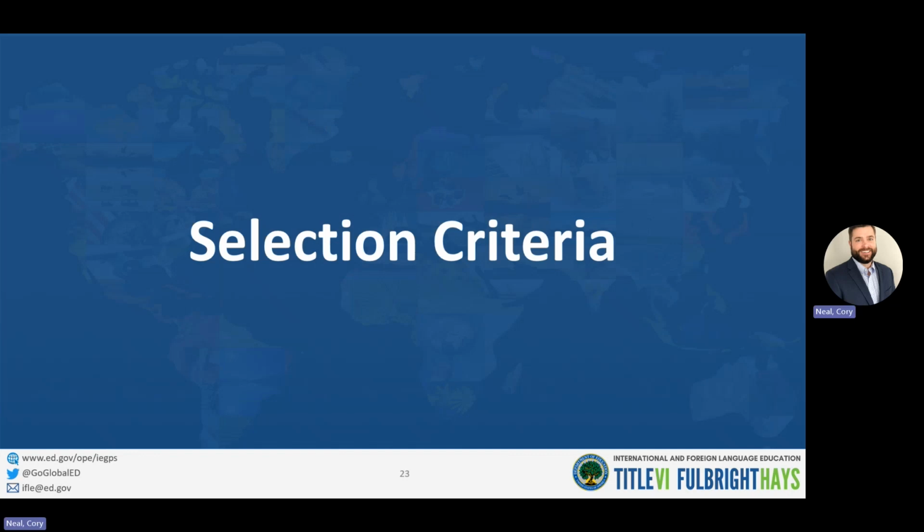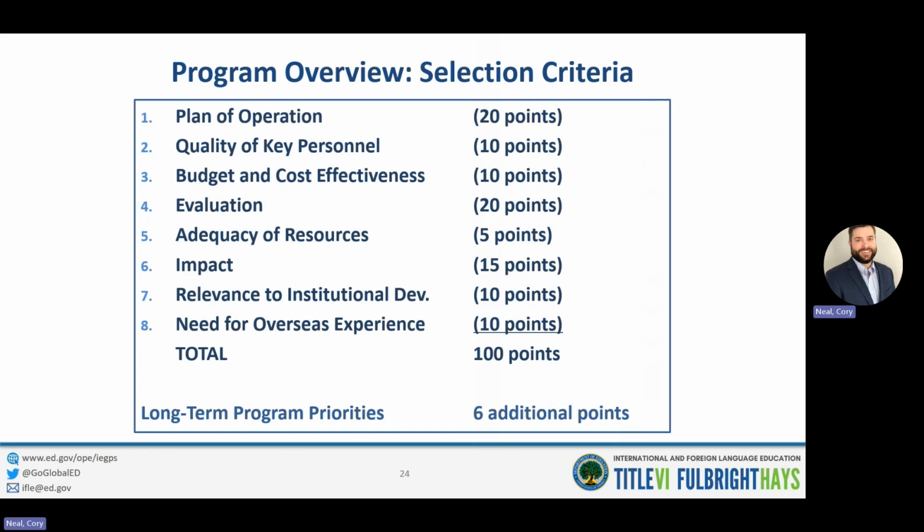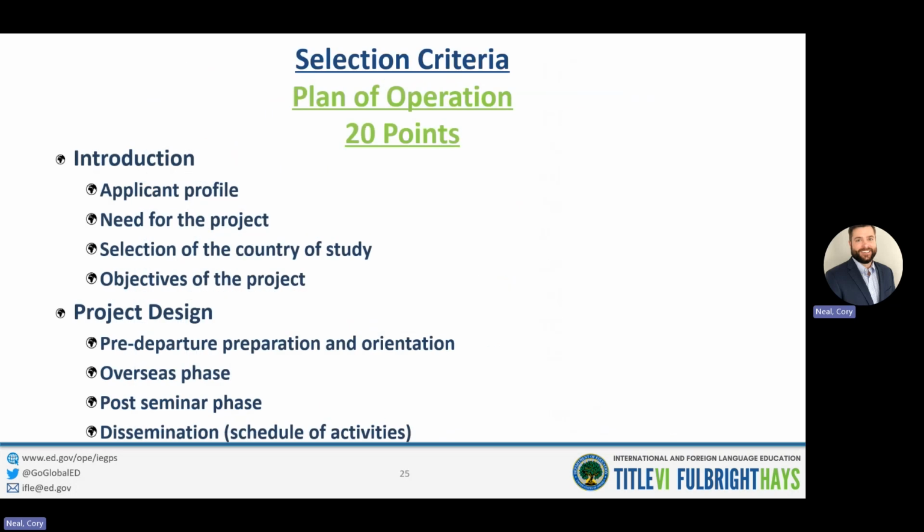All right, most important part of the presentation, the selection criteria. These 8 criteria are going to be used to score your application. Please note that you can receive a perfect score of 100 points, and then you can earn an additional 6 points for the long-term competitive preference priorities, which I will touch on in just a bit. But let's go ahead and dive in with plan of operation.